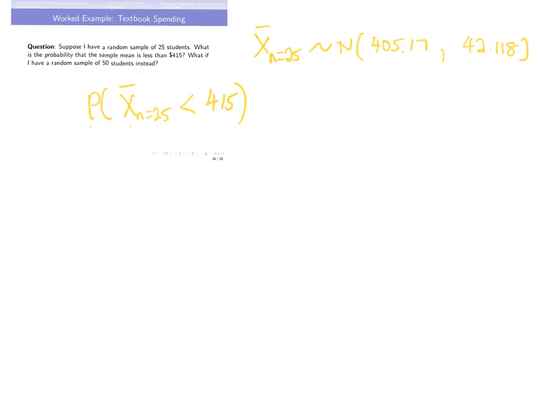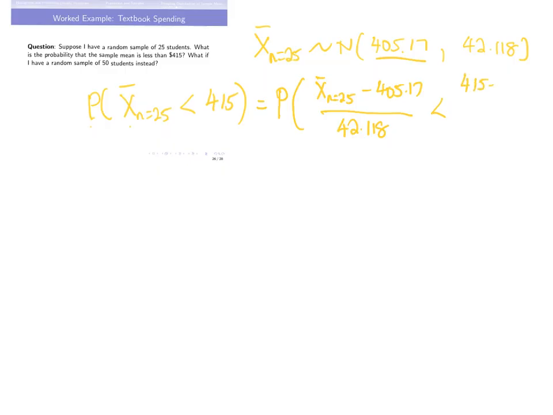How we work this is we convert all of these to a z distribution. To convert this to a z distribution, we subtract the mean and then divide by the standard deviation. I applied this same operation, minus the mean divided by 42.118, on both sides of this inequality.